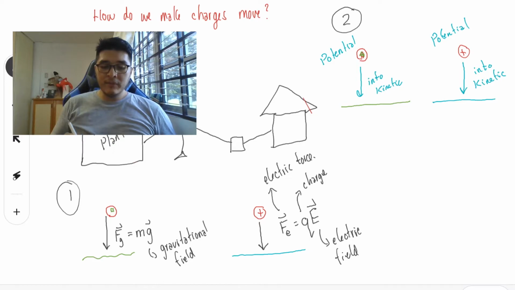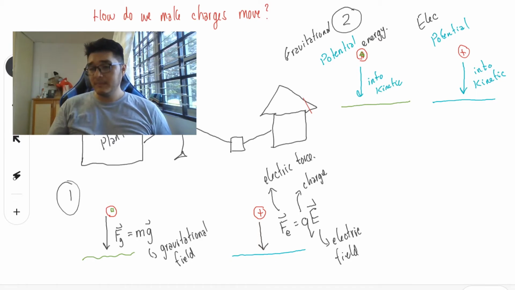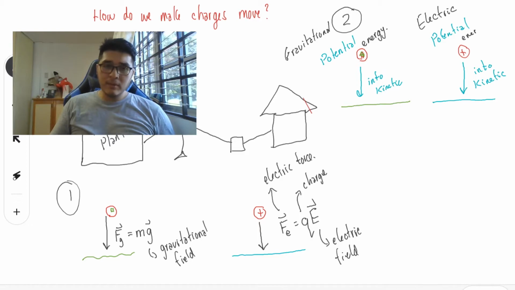Now the only difference is that for gravity we say gravitational potential energy, and what are we going to call it for charges? Electric potential energy. Kinetic energy remains kinetic energy. That one stays.